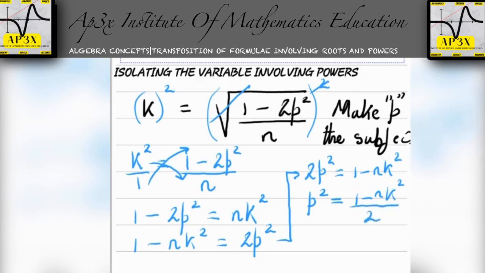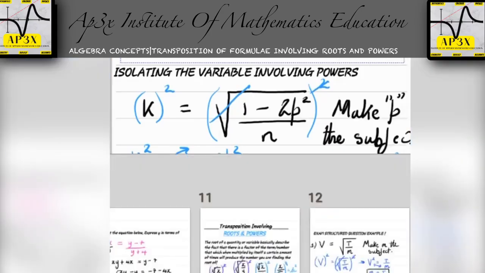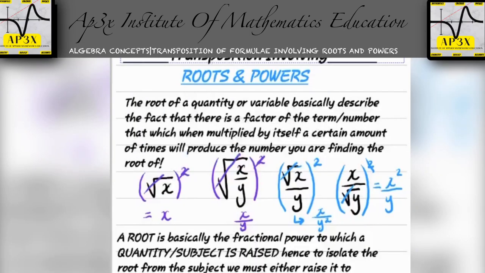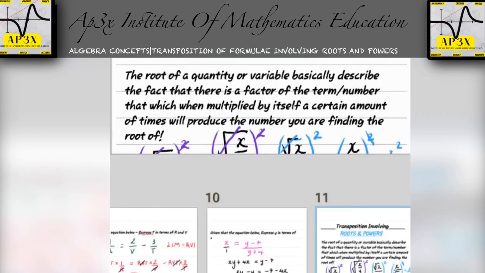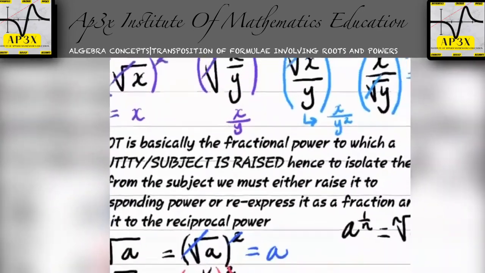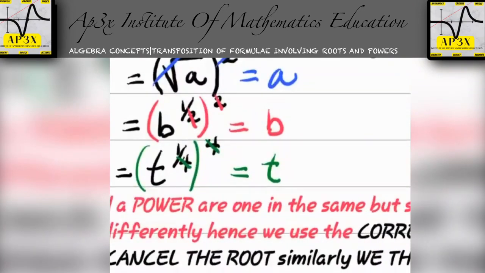And now here is where we had discussed this earlier. Let's just go back to that slide that we had, the slide where we spoke about how to remove the power. Okay, it was down here that we had a square attached to the variable.